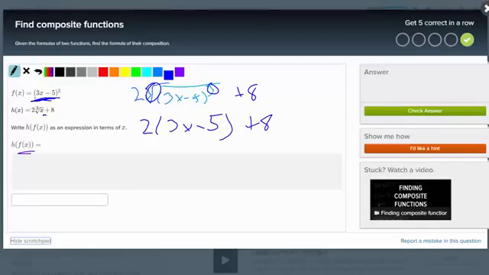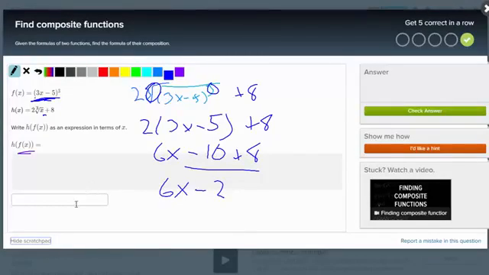I got a times, a minus, and a plus. I look inside the parentheses, 3x minus 5. I can't simplify it, so I need to multiply 2 through. 2 times 3x is 6x. 2 times negative 5 is minus 10 plus 8. Like terms, negative 10 and positive 8 give me 6x minus 2.